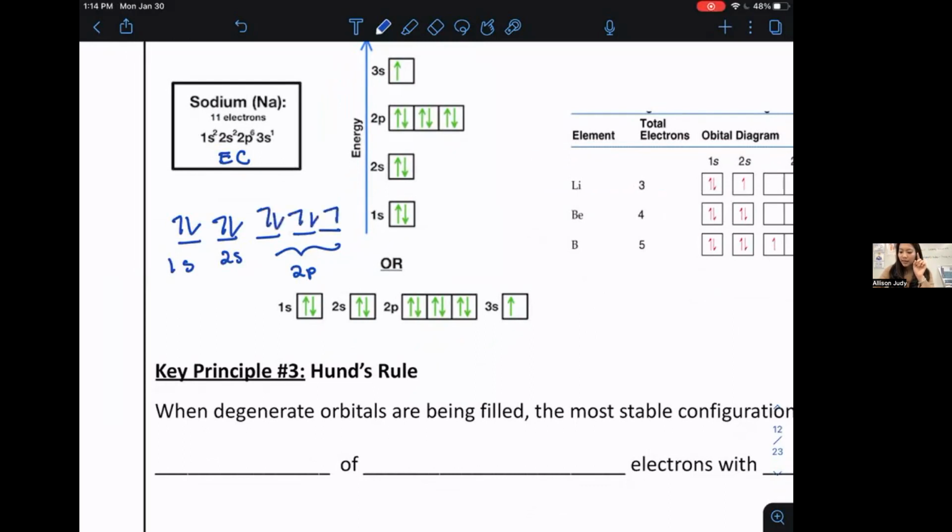2p6. There's a reason I don't pair them up immediately. I don't pair them up because there's a rule called Hund's rule.